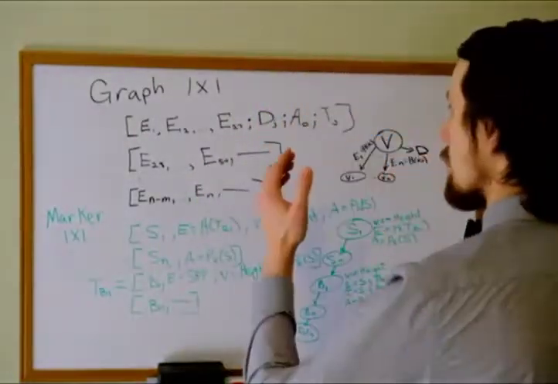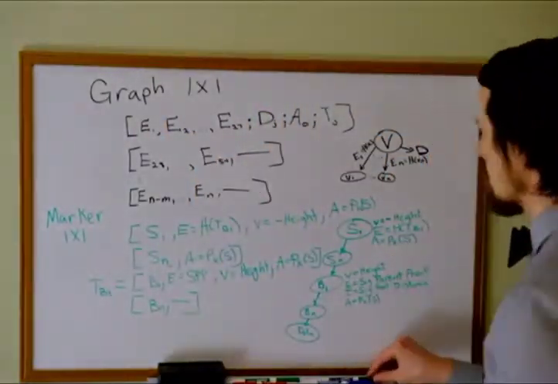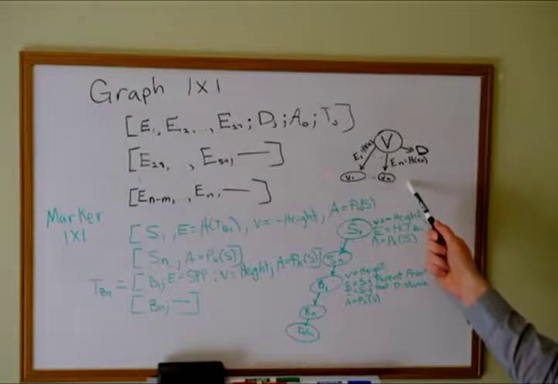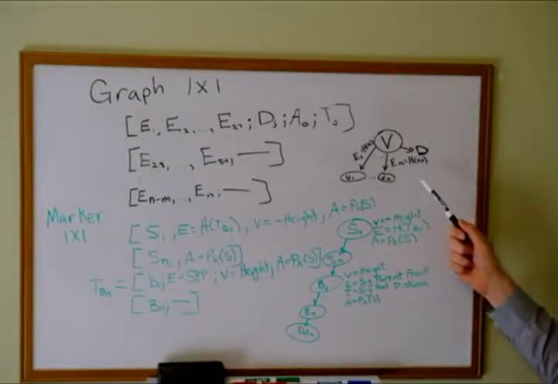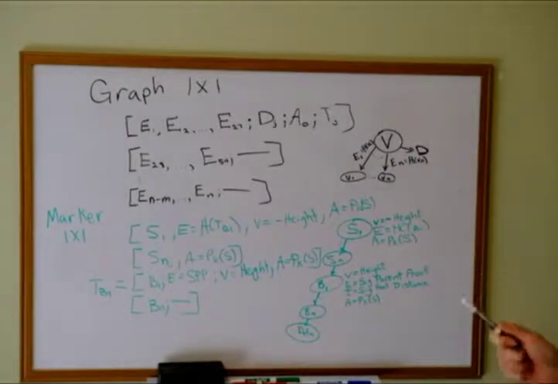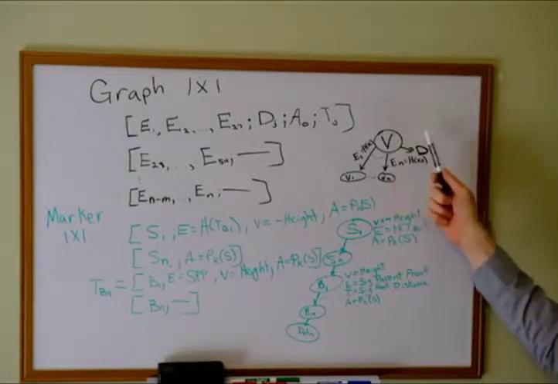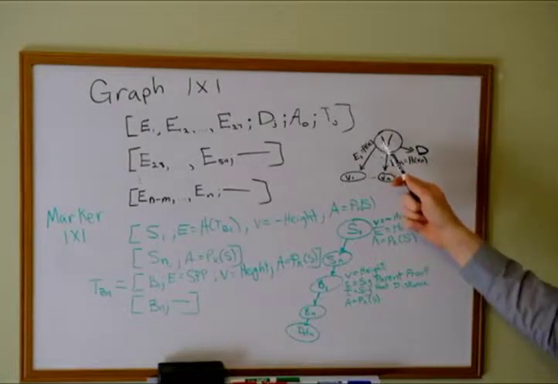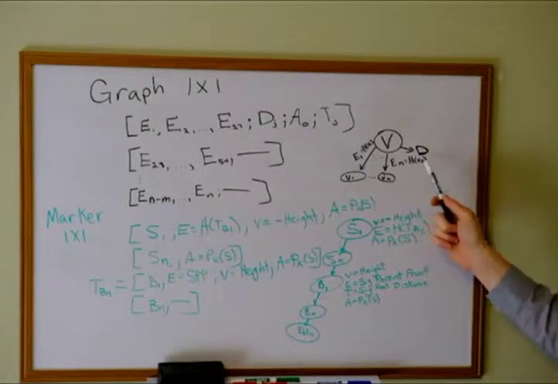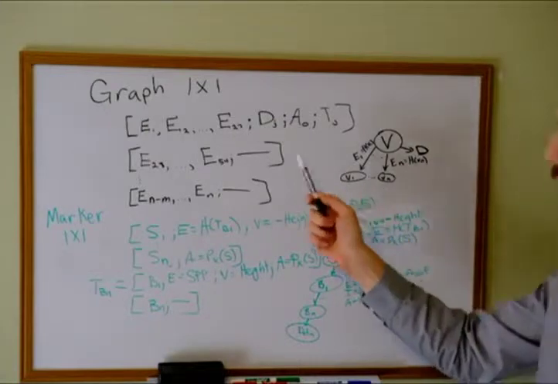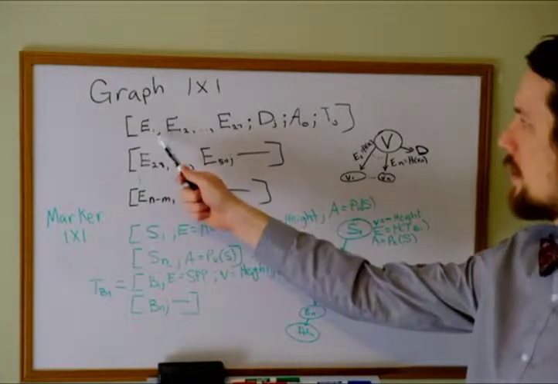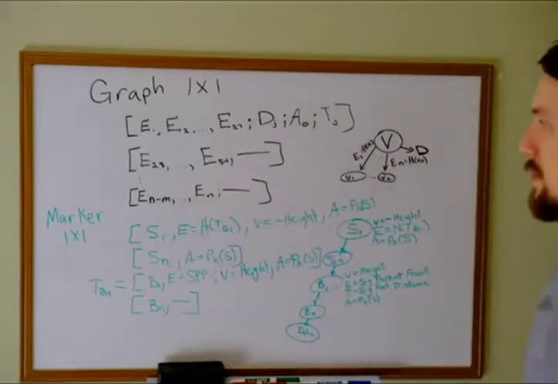So let's look here. We have the graph IXI, and hopefully this is going to get clear right here. The vertex is marked by this circle, and it contains these edges and this data. The first vertex is going to have a list of up to 27 edges.